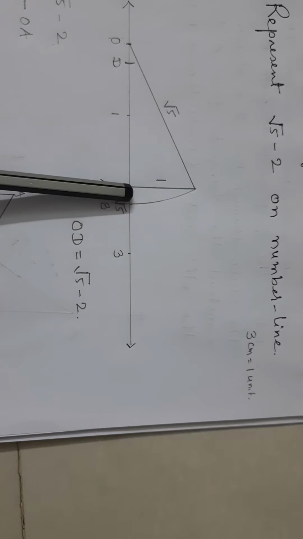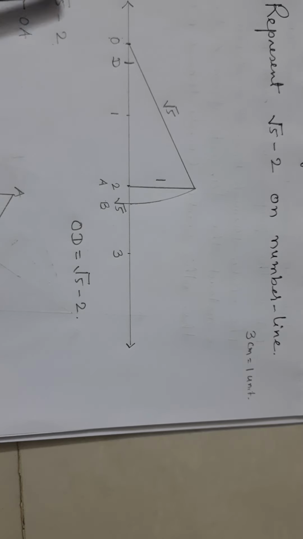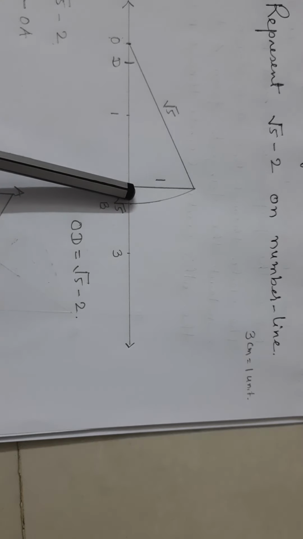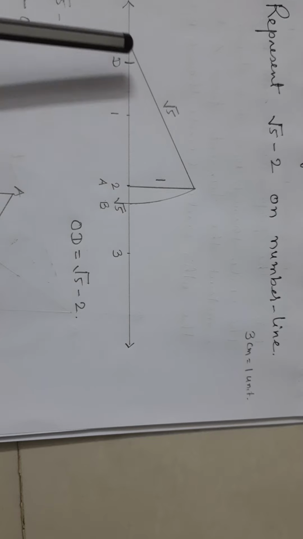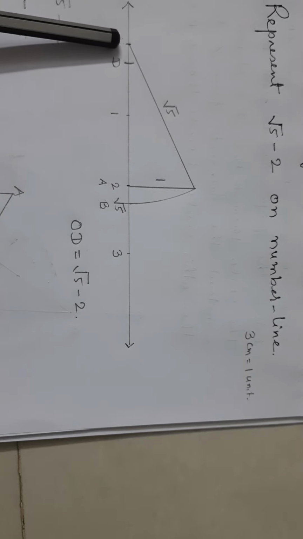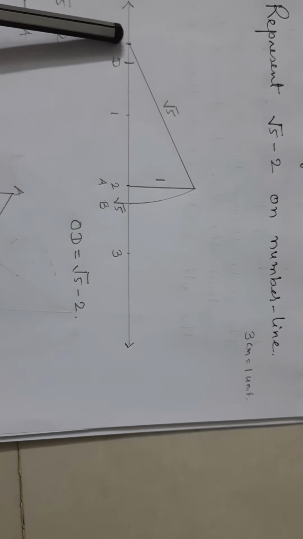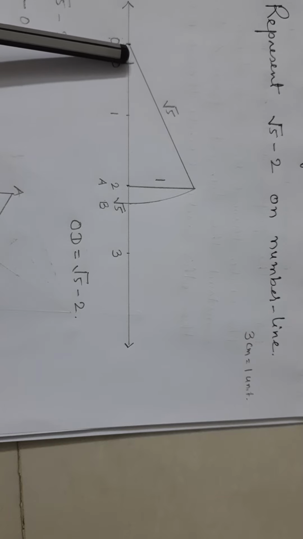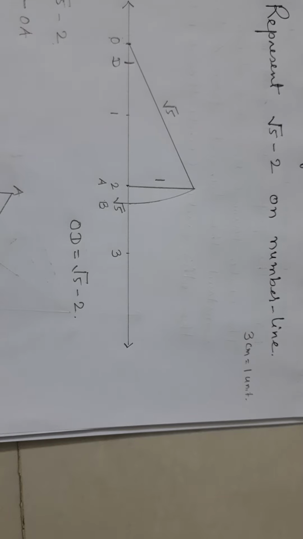This length between A and B, that is root 5 minus 2. So that length I have measured with a compass and pencil, and then I am marking it from 0. From 0 to D, that is OD, that is our root 5 minus 2 on the number line.